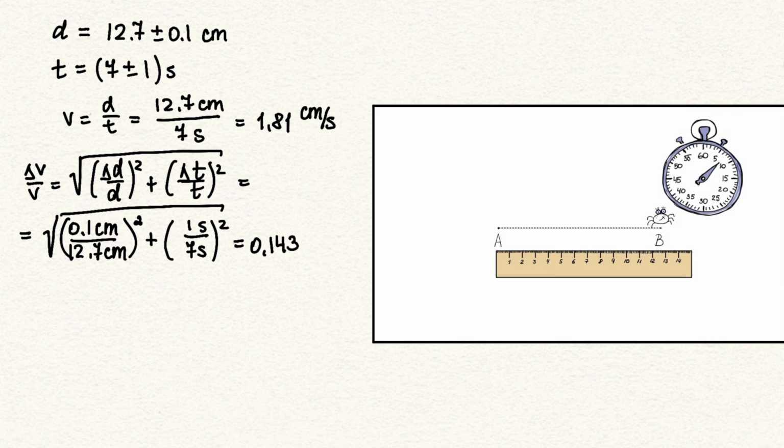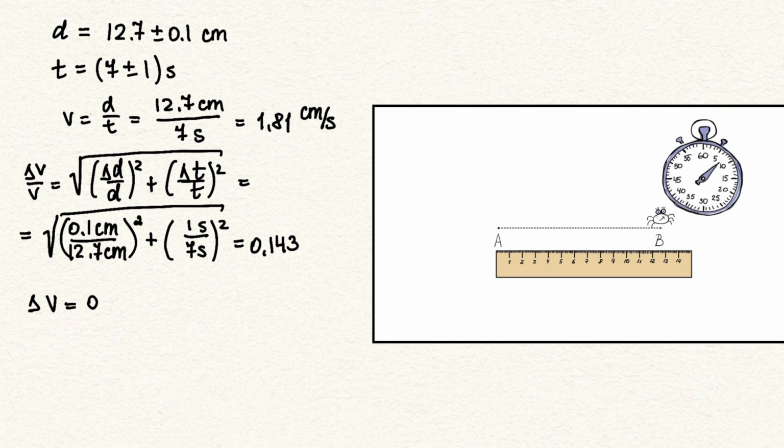So now what we want to find is absolute uncertainty in velocity. And the absolute uncertainty in velocity will have the same units as our value, so as our velocity. So for that, we'll multiply our relative uncertainty by velocity.